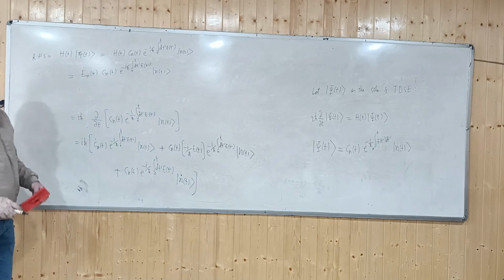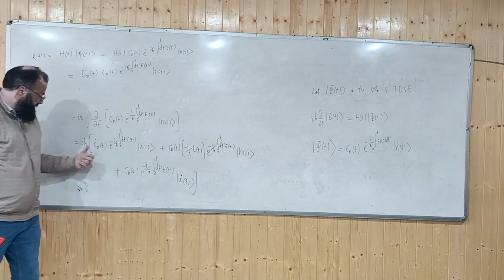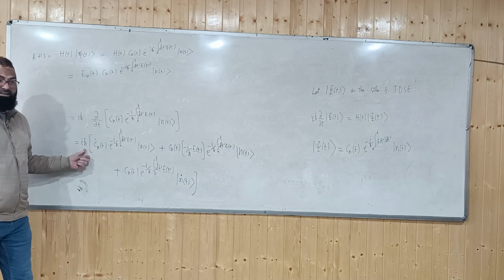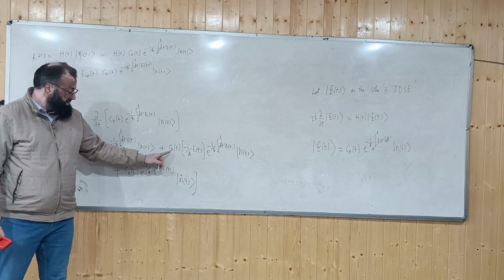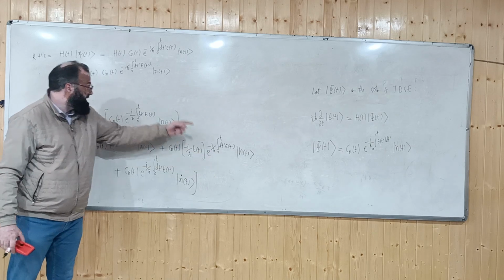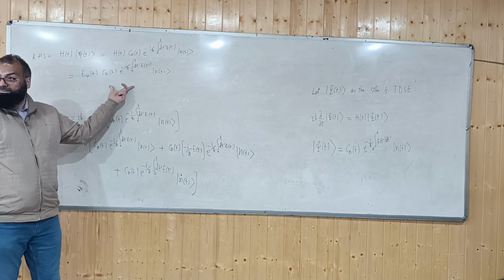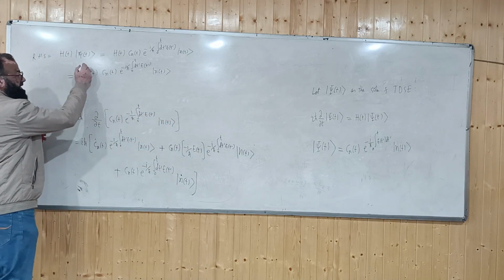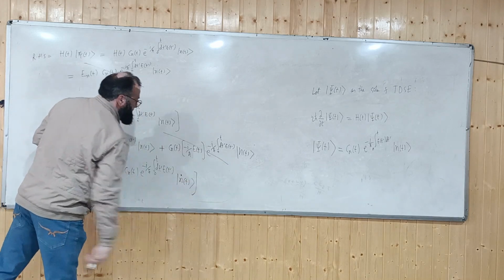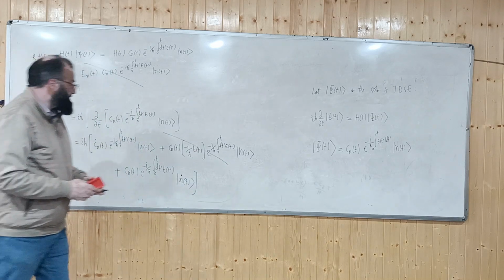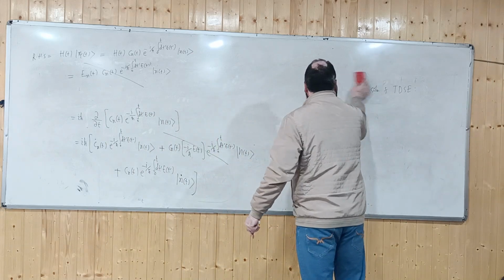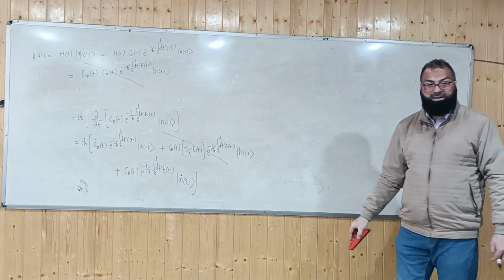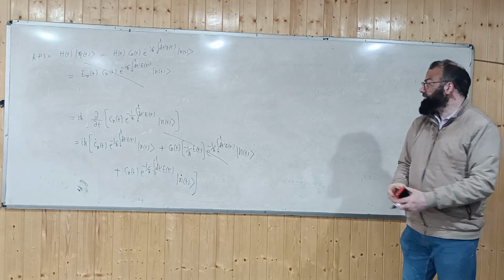Clear? Now let's look at this very term, this second term. So you are having iħ multiplying, is it? So iħ, and this iħ is gone. What remains there? Cn of t, En of t and this thing. So you are having this the same. Clear? So this term will cancel out with this term. So what remains there? Everybody followed it? Yes. Okay, good.